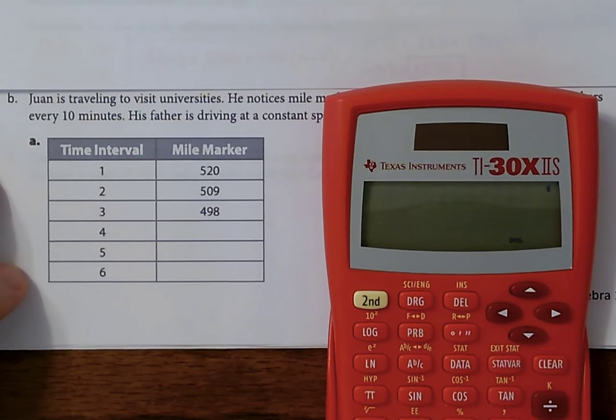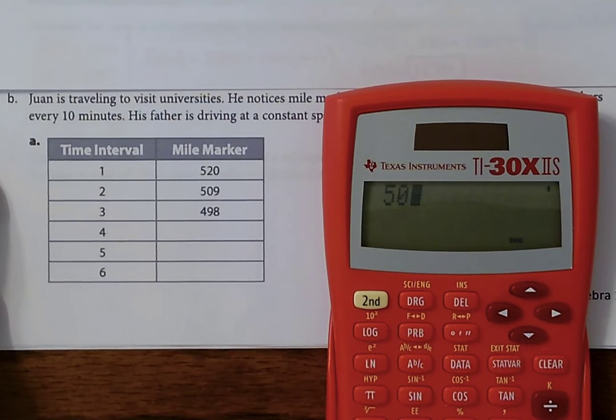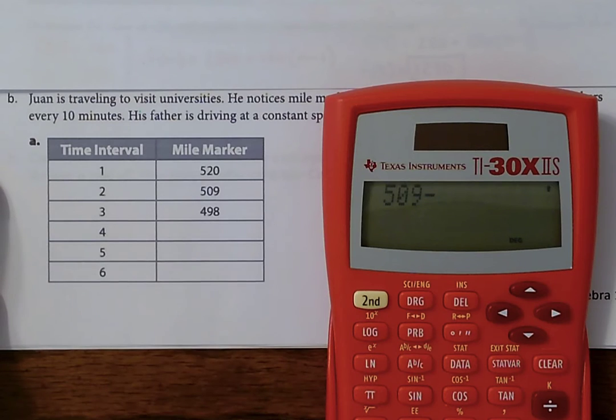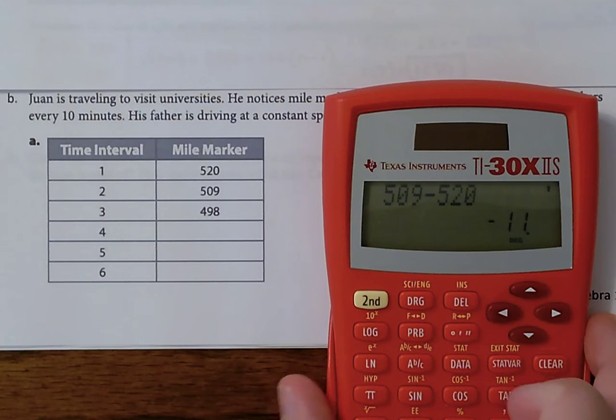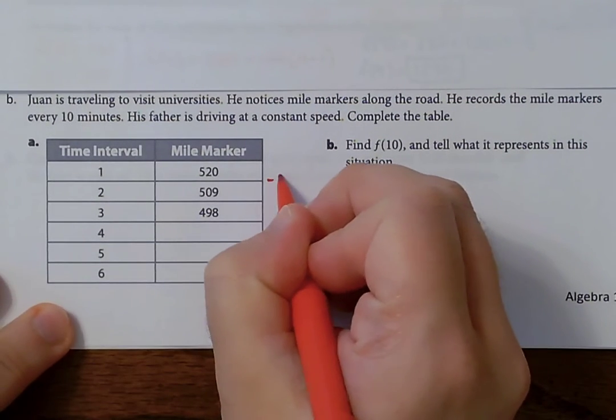So again, we're going to take the second number in our table, which is 509, and we're going to subtract it by the first number, which is 520. So if I do 509 minus 520, we get negative 11. So that means I'm subtracting 11 each time.